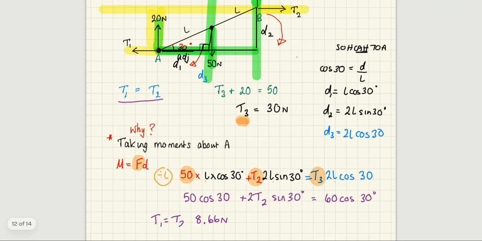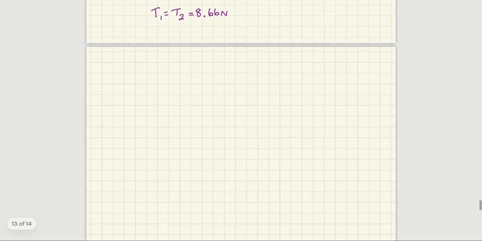T1 equals T2, and that equals 8.66 newtons. Every time I did this, I looked at the force and extended that line so that I could go perpendicular up to the line of action of the force. That's the thing that you have to maintain. All right, moving on to one more then.